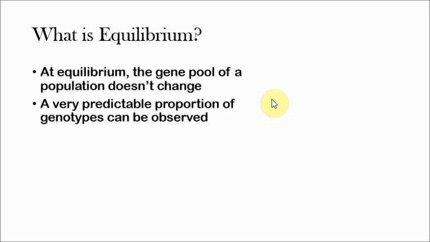Now, of course, we're going to be talking about one gene at a time because it's really hard to quantify the entire genome of a population. So Hardy-Weinberg equilibrium is separate for each gene, and that'll be very important.